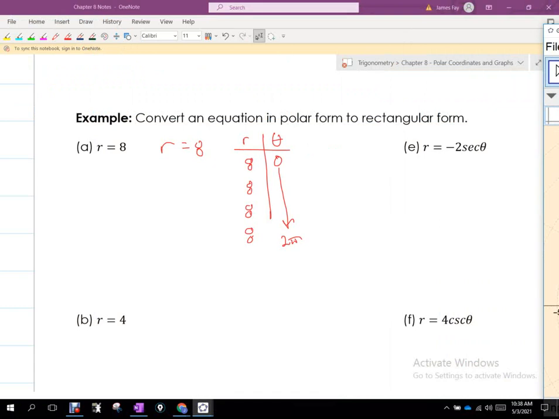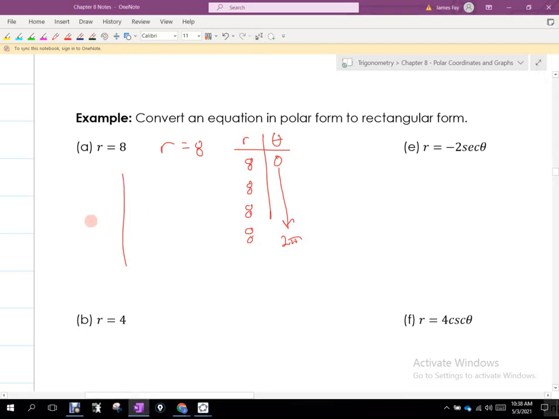The logic, though, is that if I have all these ordered pairs and I want to graph them, 0, 8 would be there, okay?